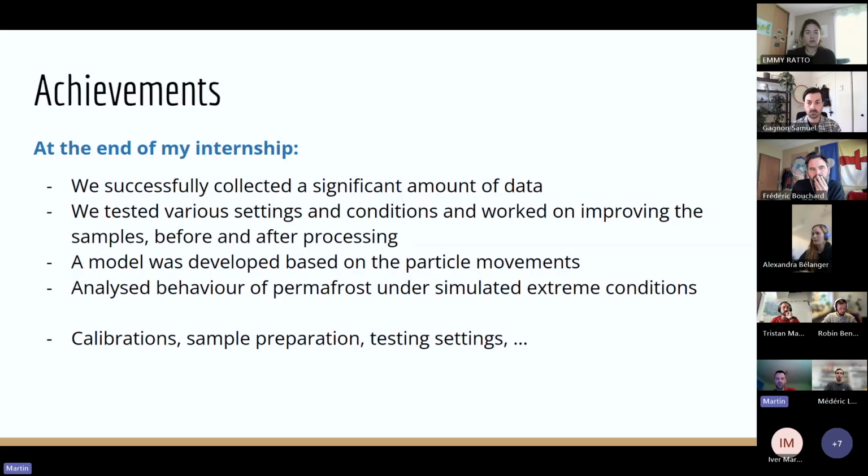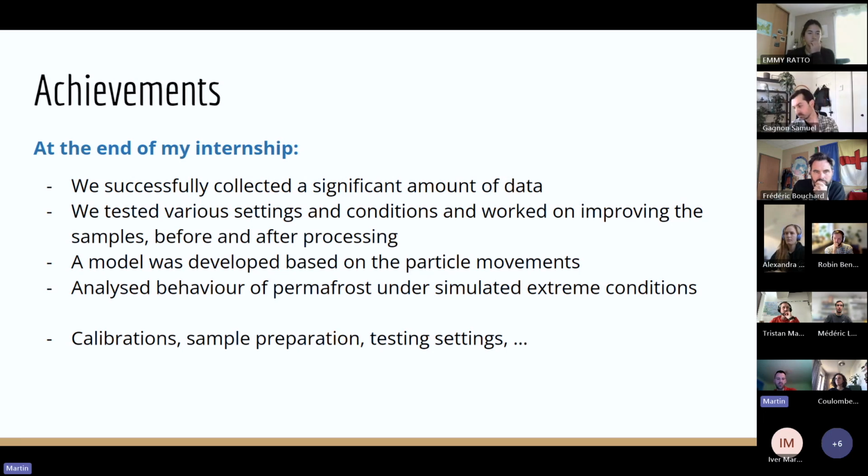We were also analyzing the behavior of the permafrost under extreme conditions. We tried extreme low temperatures and extreme high temperatures, and observed how the permafrost behaved. But because I was the first intern working on this project, my role was mainly calibrations of the equipment and preparation of the samples.